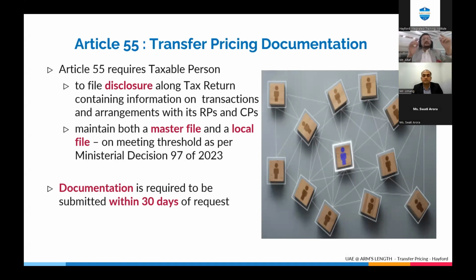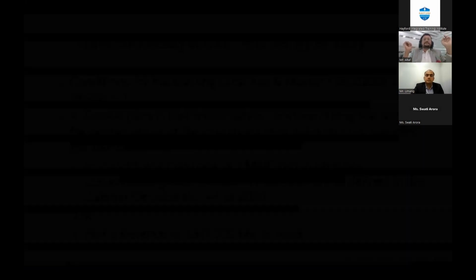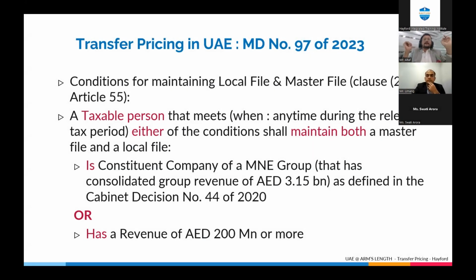In addition to that, there may be a master file and a local file required to be maintained. There's a decision that elaborates on that. Any document or documentation that the FTA requires has to be submitted within 30 days of the request. Yes, we can go to the next, please.